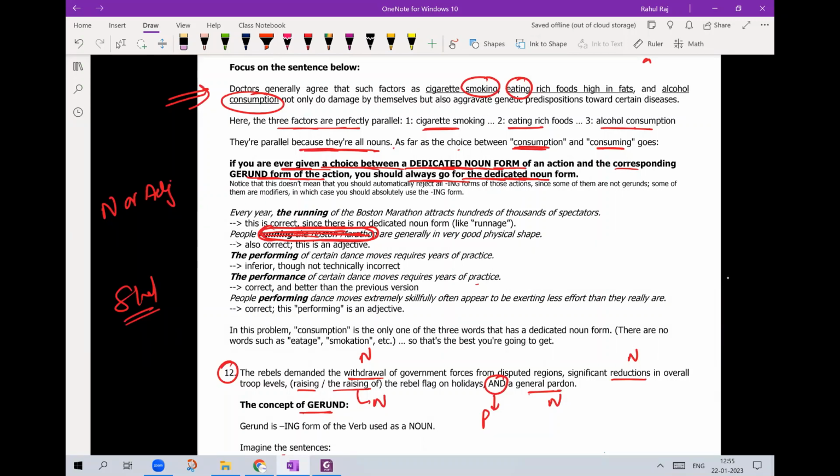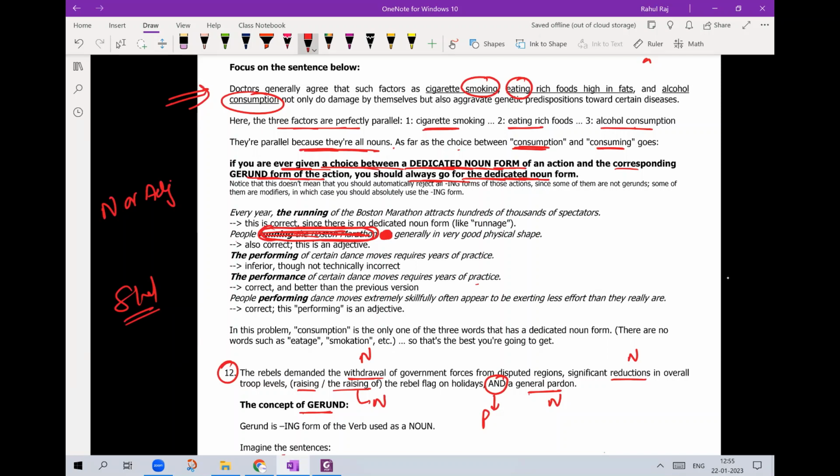The whole point is, if you remove the subject and main verb, just remove them and read the sentence: people generally in very good physical shape. Doesn't make any sense. So if you remove the main subject and main verb from the sentence, the sentence will collapse. Except that, if you remove anything and the sentence makes complete sense, it means those are adjectives. Adjective is not a single word. It could be 10 words also.